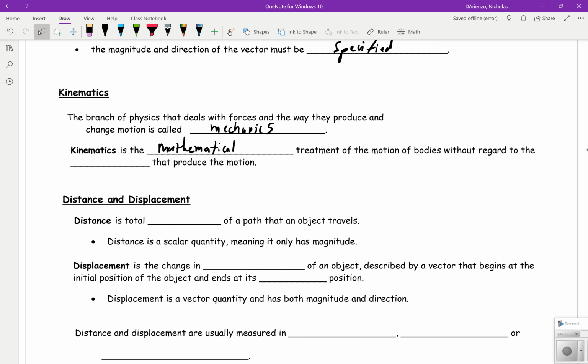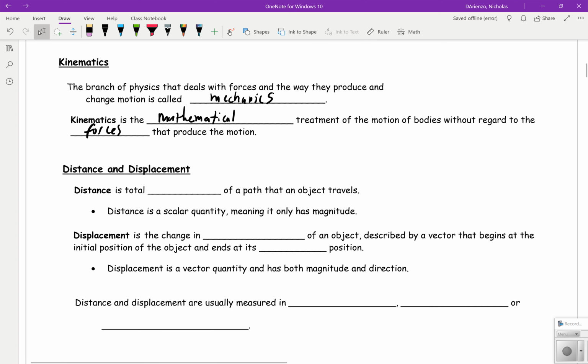You currently don't have the updated version, so I'll get that to you as soon as possible. Kinematics is the mathematical treatment of the motion of bodies without regard to the forces that produce the motion. We're just concerned about how the object's going to move after it's been sped up or slowed down or changed direction.